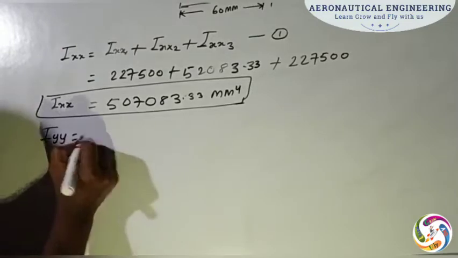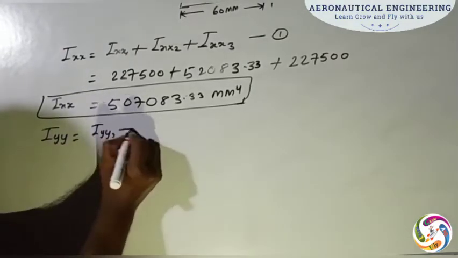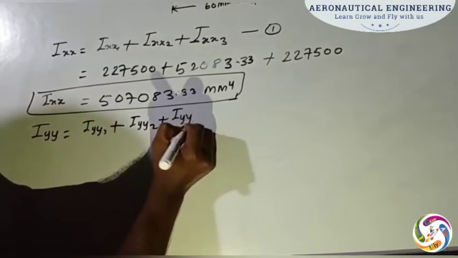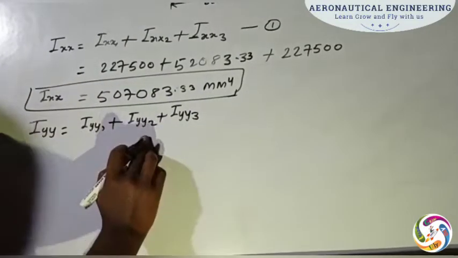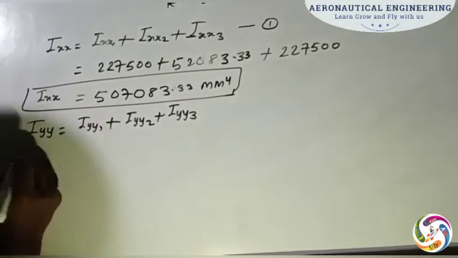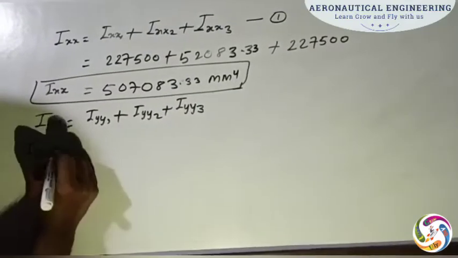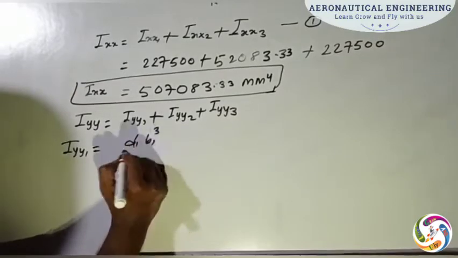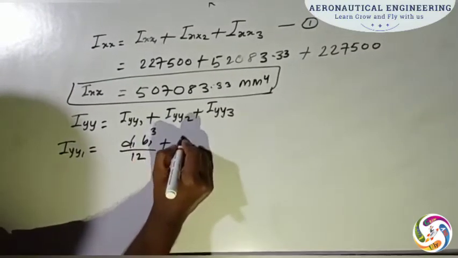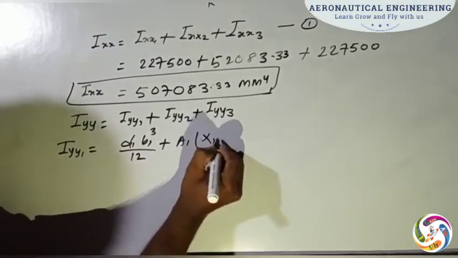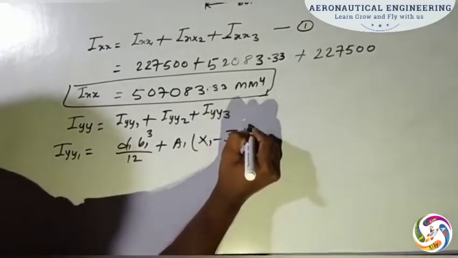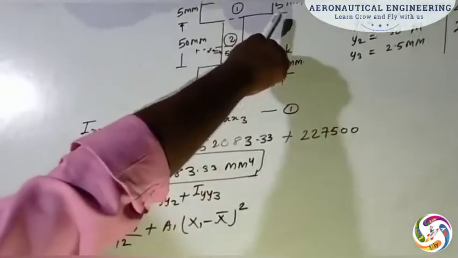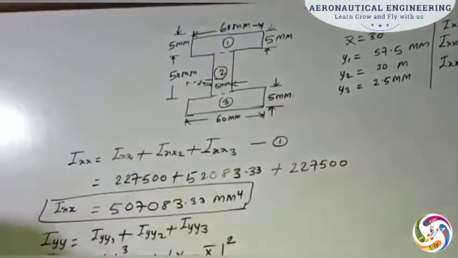So we have to calculate moment of inertia for the y-axis. So Iyy equals Iyy1 plus Iyy2 plus Iyy3, for the first section, second section and third section. Iyy1 is equal to d1 b1 cube upon 12 plus A1 (x1 minus x bar) all square. So for the first section, d1 is 5 mm and b1 is 60.